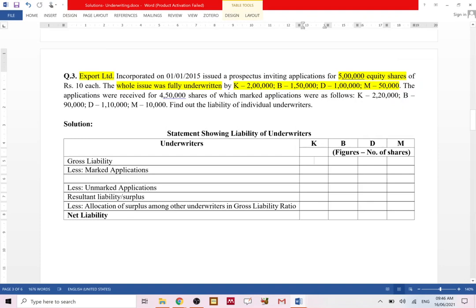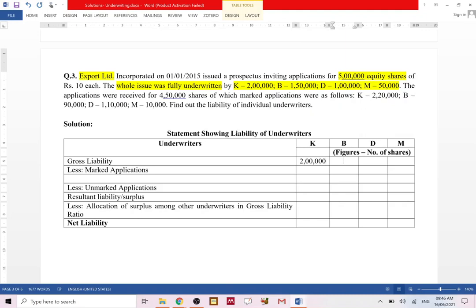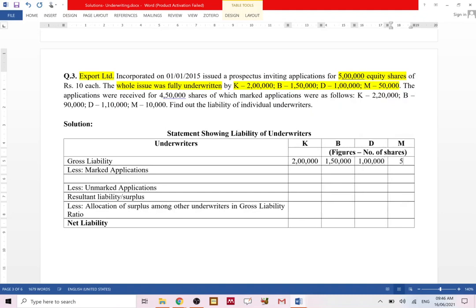So this full 5 lakh was divided between them as 2 lakh, 1 lakh 50,000, 1 lakh and 50,000. Understood? Yes. So this is what fully underwritten means.